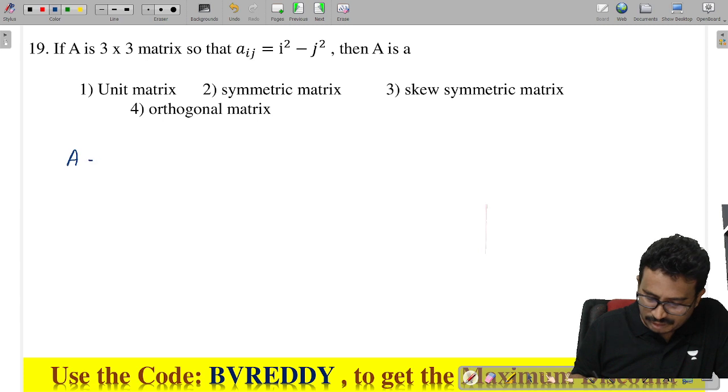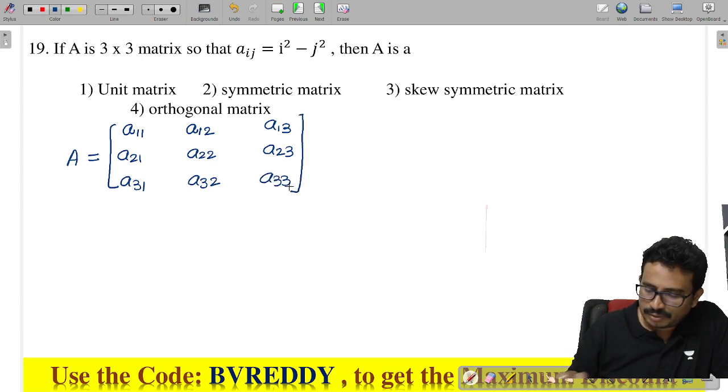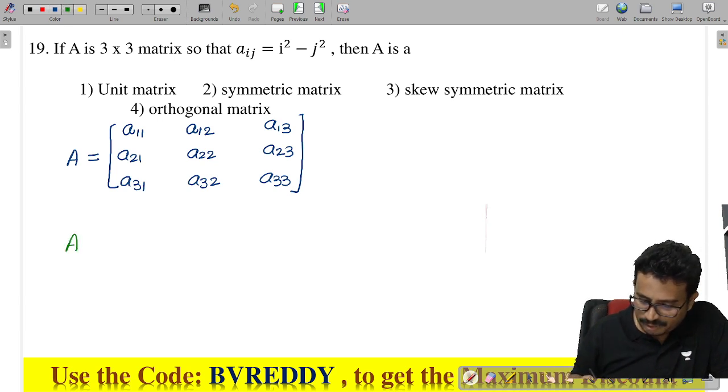So if we see this matrix, they given a 3 cross 3 matrix, and you see how the elements are here: we have A11, A12, A13, A21, A22, A23, A31, A32, A33, right?